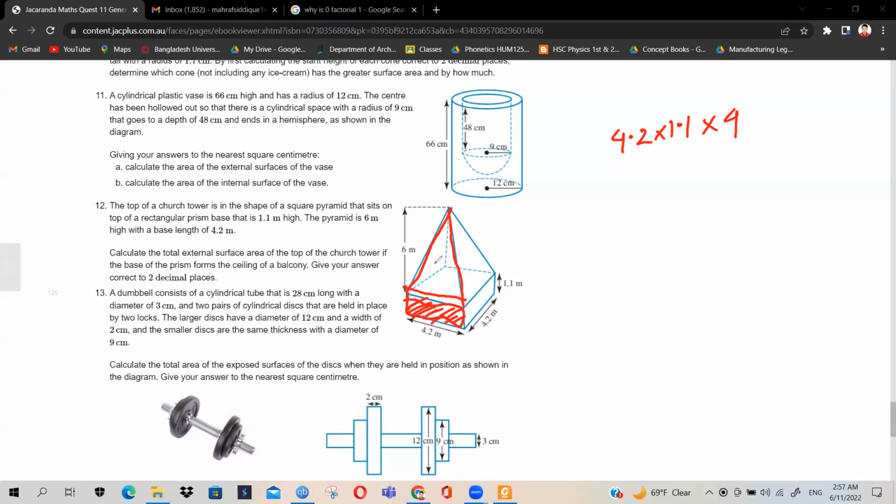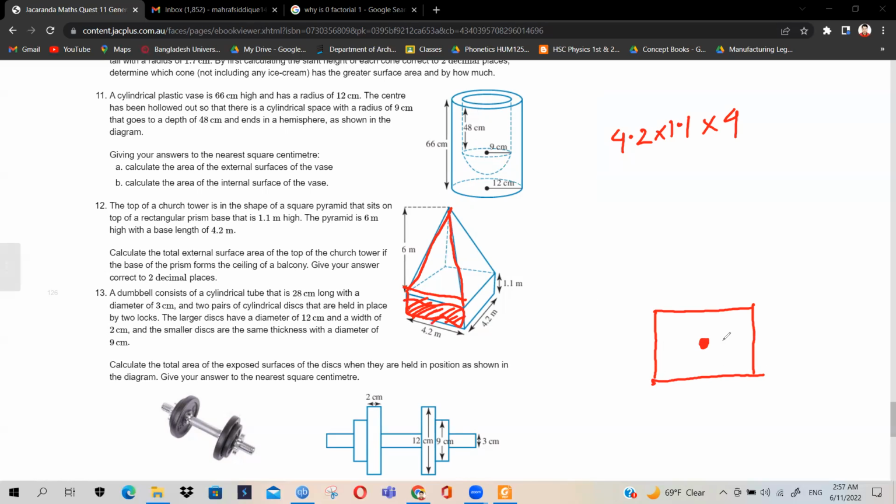Now, are the triangles equilateral? Understand one thing: if it is a square pyramid, listen very carefully, and this is the center point.